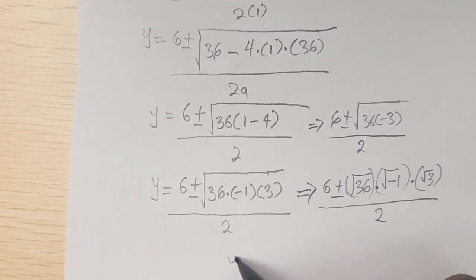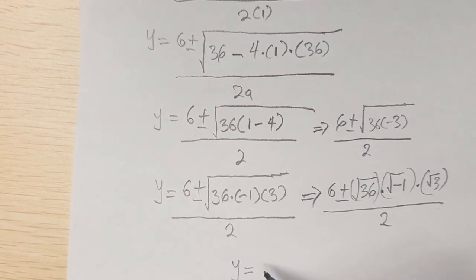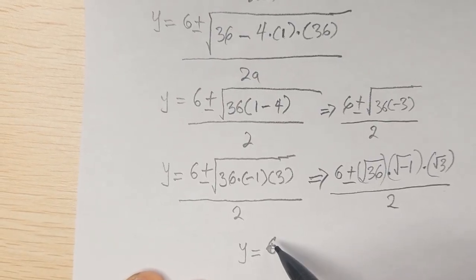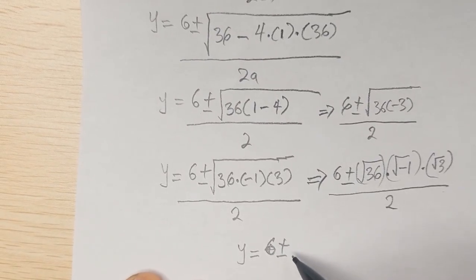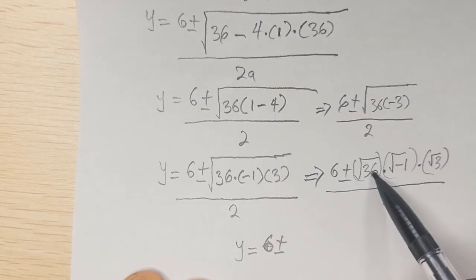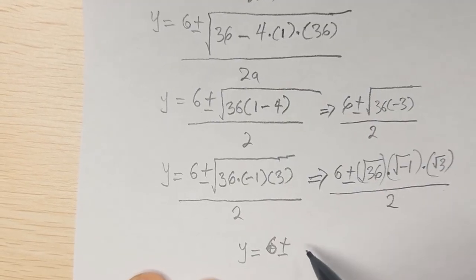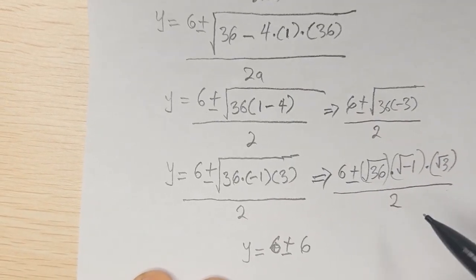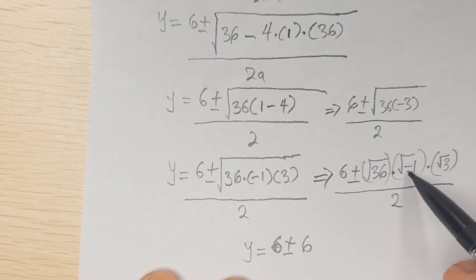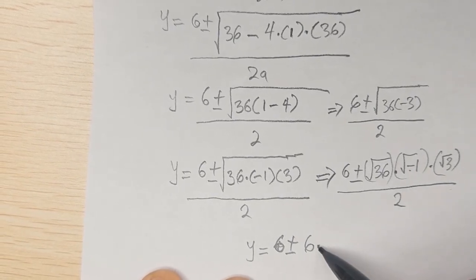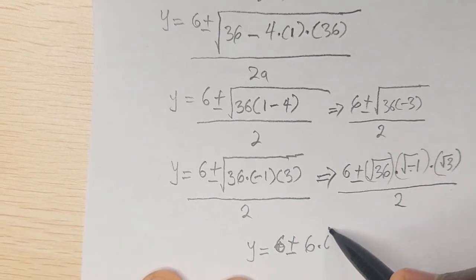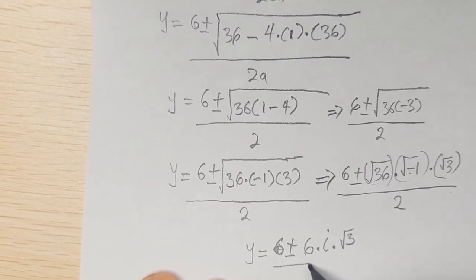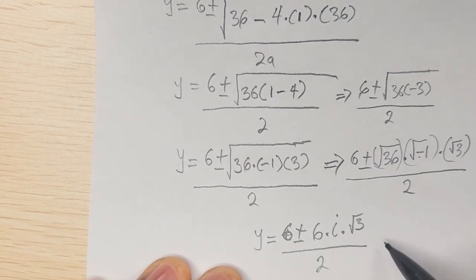Now y is equal to 6 plus or minus the square root of 36, which is 6, because 6 squared is 36. The root of minus 1 is i, and then we have root 3, divided by 2.